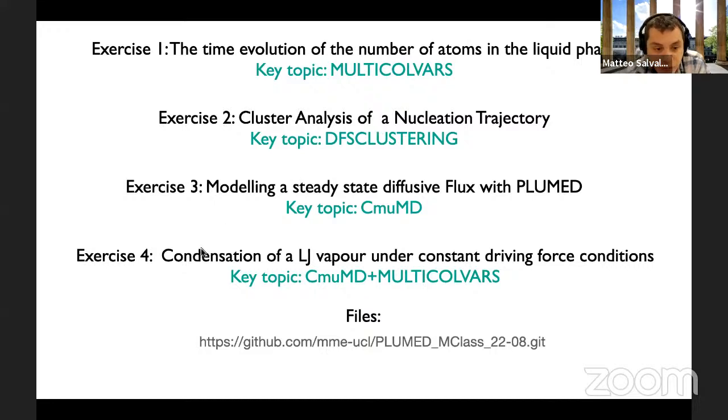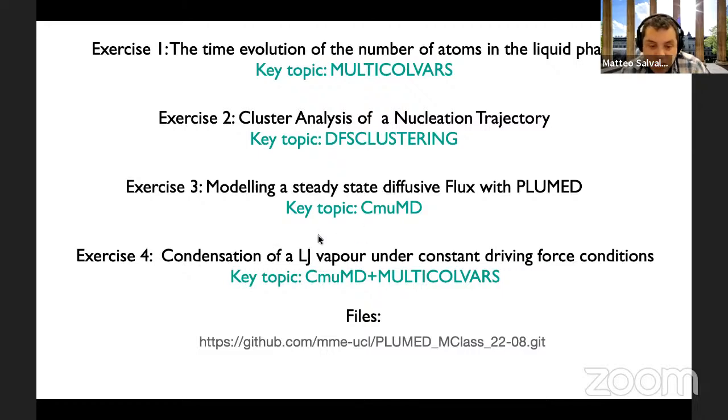And then the third and fourth exercises will be focused on the use of a method called SimuMD, which is the method that originally Claudio Perego developed, based on introducing forces that allow us to model this evolution at constant concentration. And I will show 2 different flavors. The first will be simply based on investigating a diffusive process that takes place within a simple system.